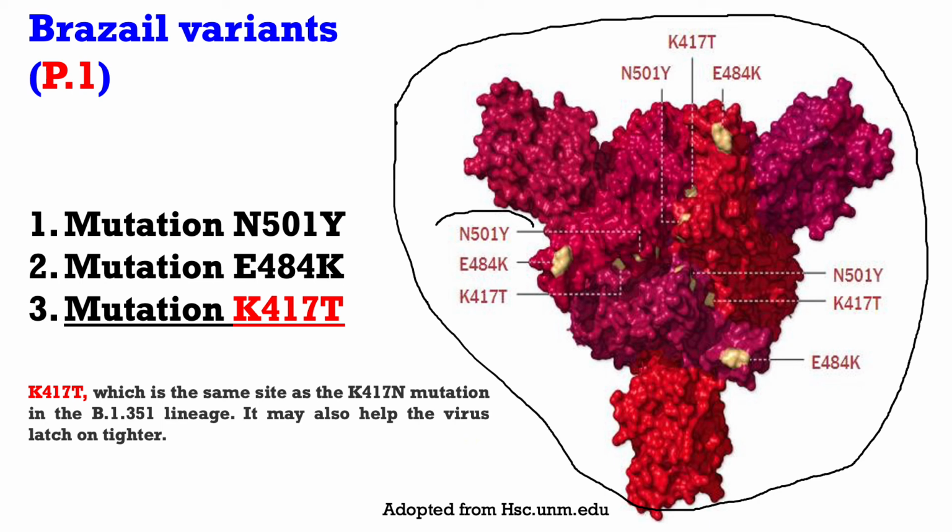The first mutation, for example, we have N501Y. The second one here we have E484K. And then the third one is K417T.